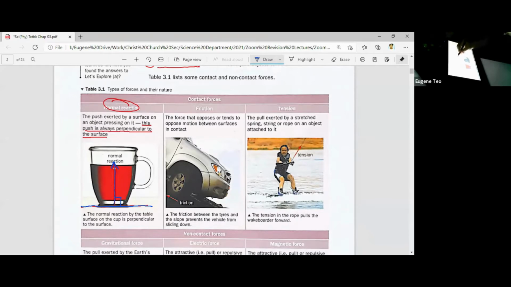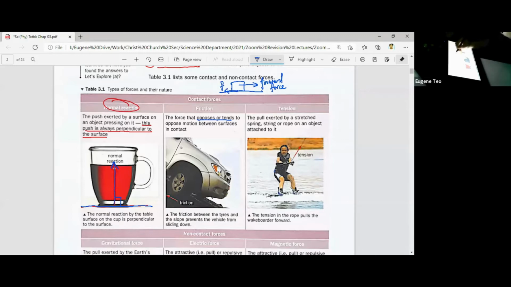Next, another contact force is friction. Just note that friction always opposes motion. So for example, if I have a box that's moving forward, there's a forward force. Friction will always be acting along the surface. So this is the surface, and this is a box. Friction is a contact force, so at the point of contact, which is over here, it will oppose the motion.